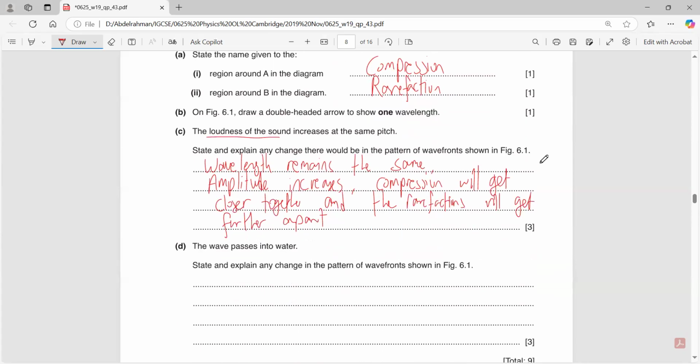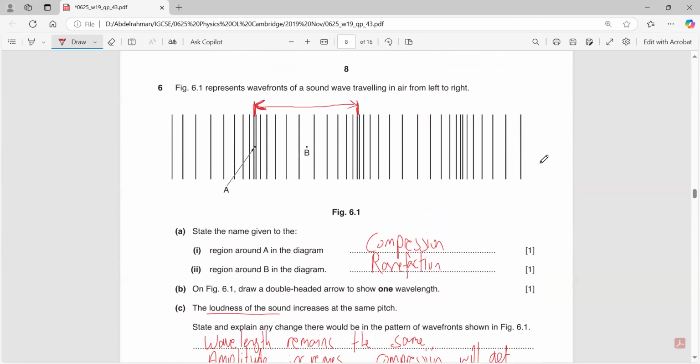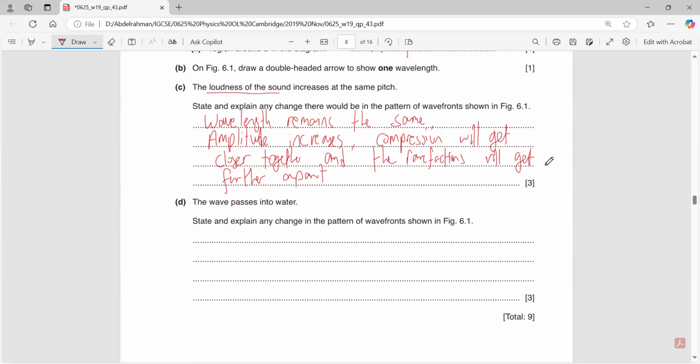The wave passes into water. State and explain any change in the pattern of the wave fronts shown in 6.1. This is a sound wave, right? As the sound wave moves from air to water, what happens? The speed increases. So how can I indicate that the speed increases?